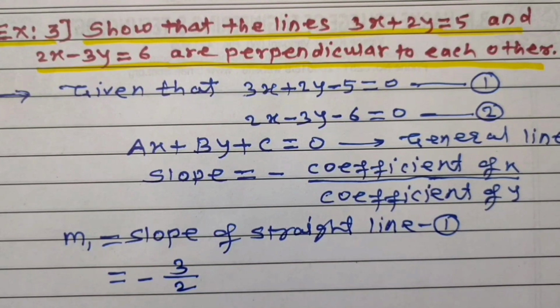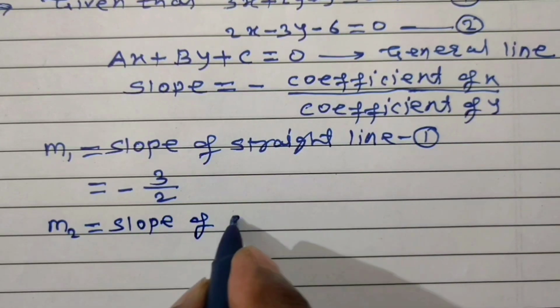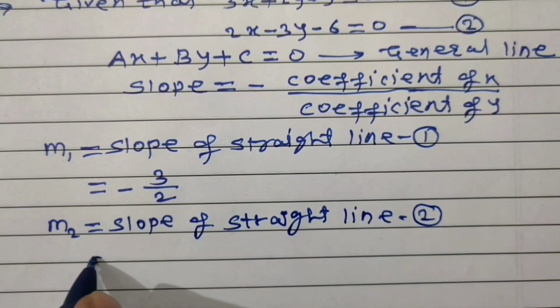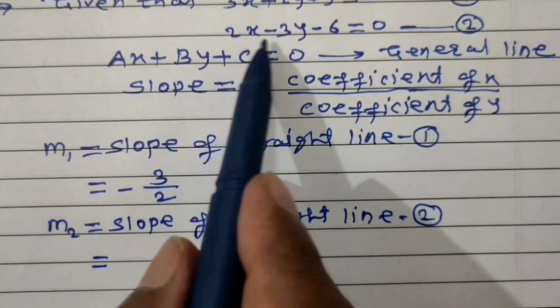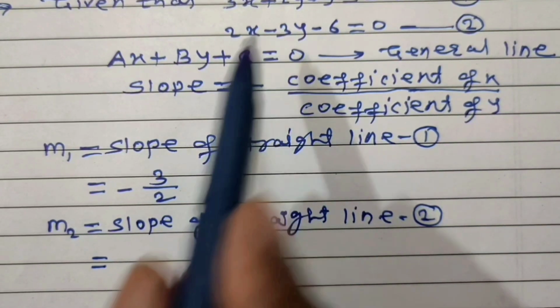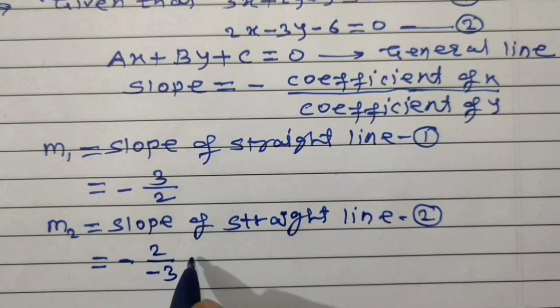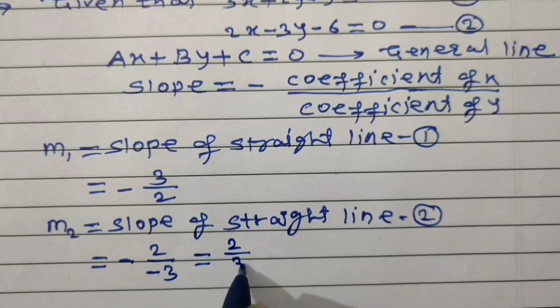And then m2 is the slope of straight line 2, given by minus coefficient of x, which is 2, and coefficient of y, which is -3. So -2 upon -3, which is minus into minus plus, 2 upon 3.